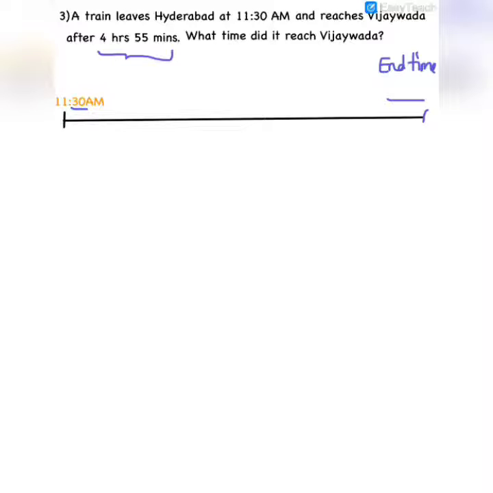So it's simple: first we'll draw a timeline and we'll calculate at a gap interval of 1 hour.